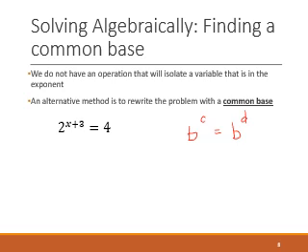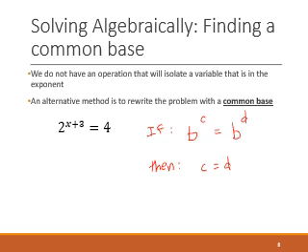Well, if you would just look at this statement, if B to the C is equal to B to the D, I hope you can see that it stands to reason that C has to equal D. And this is true no matter what the base is.